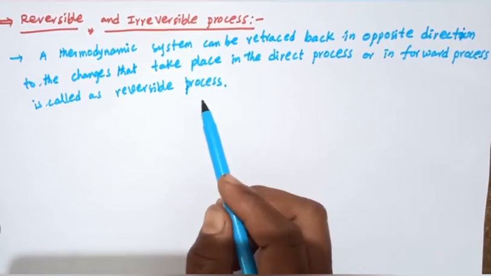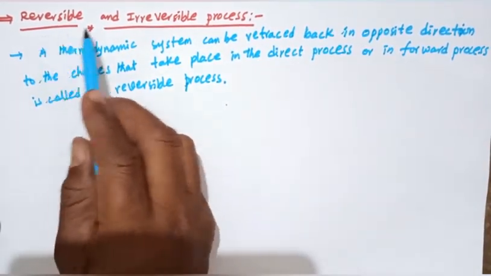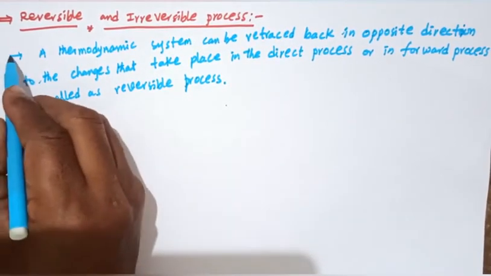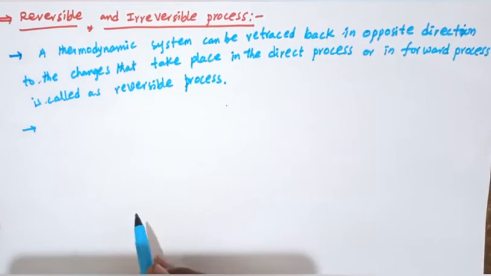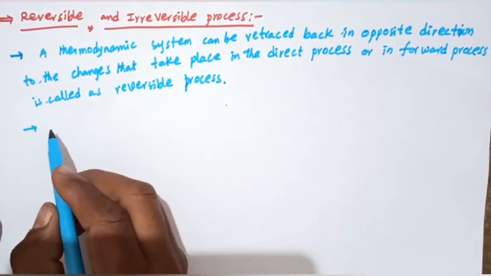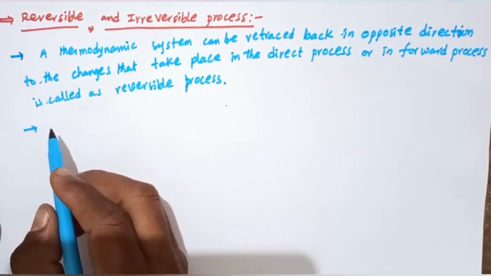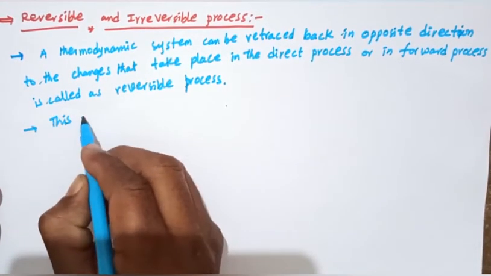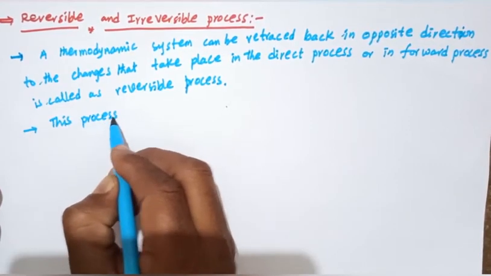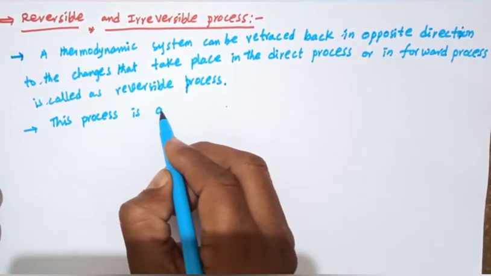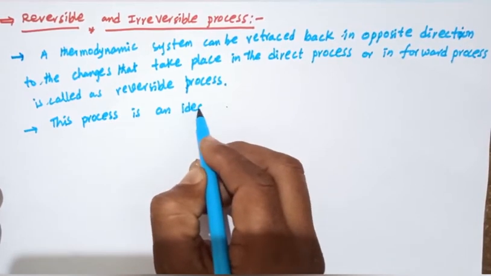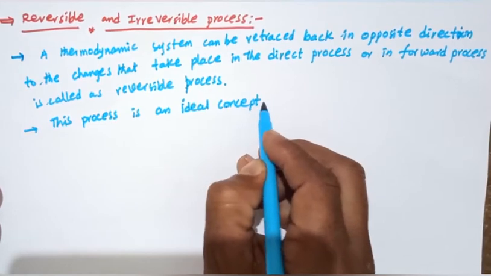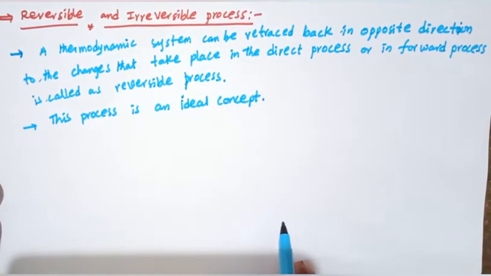That is called a reversible process. This reversible process is a slow process, and it is an ideal concept.